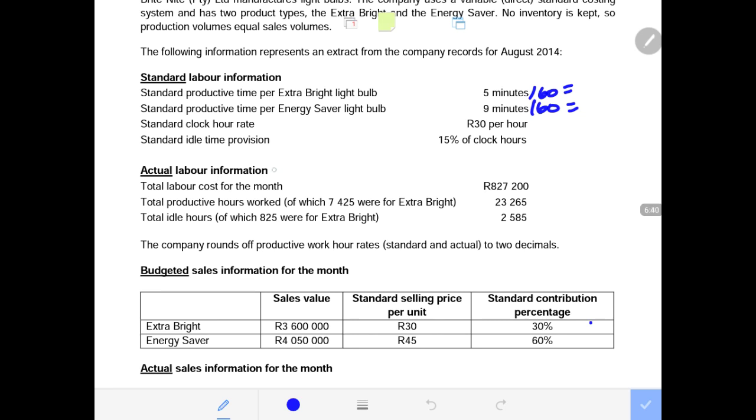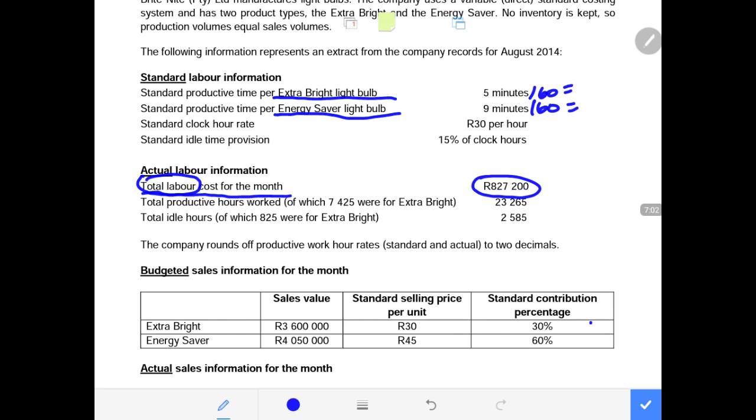Under actual information, which is labor information, they say the total labor cost for the month is 827,200. Remember that when they say total labor cost, they are referring to the labor cost to manufacture both the extra bright bulb and the energy saver light bulb.